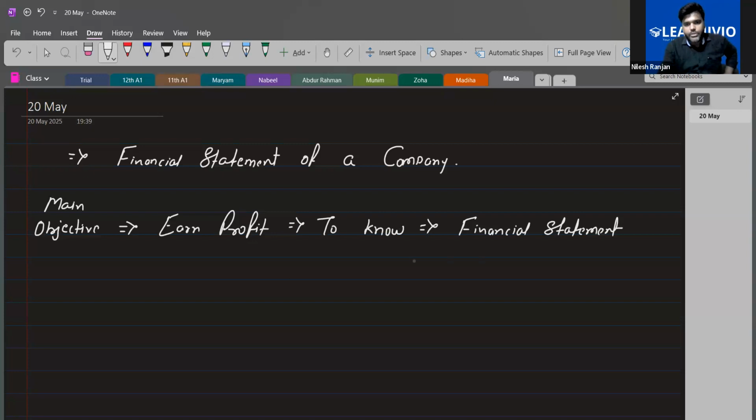So financial statement is a combination of two statements in a company, mainly two. There are more, but mainly two we are talking about here. One is called income statement, and the other is position statement.